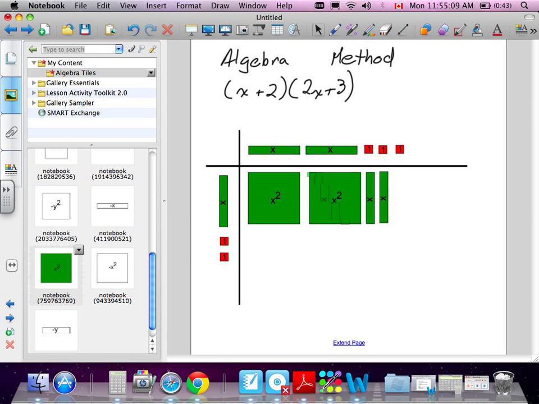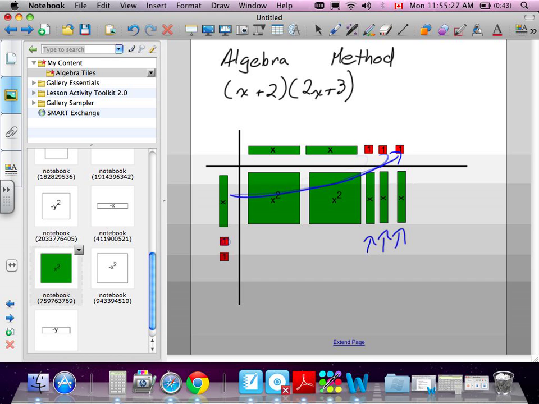Okay? So I've multiplied x by x, so I got x squared. X by the other x, x squared again. And x times 1 three times gives me 3 x's. The next thing I have to do is I need to multiply 1 by each of the numbers in the horizontal column.